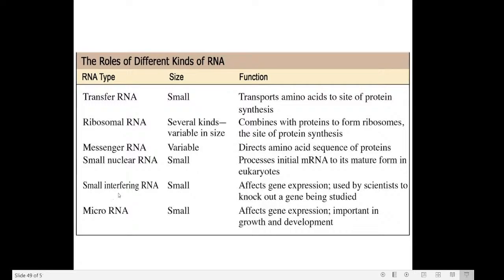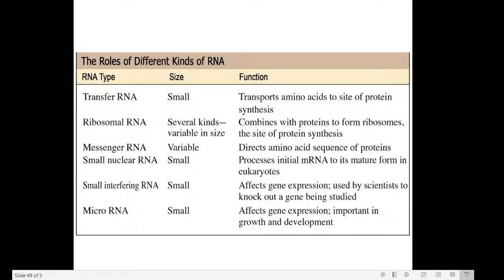Small interfering RNA helps to affect gene expression. In knockdown processes, they use siRNA. It's a very important concept: if researchers are doing a gene knockdown experiment, they add siRNA, the small interfering RNA.